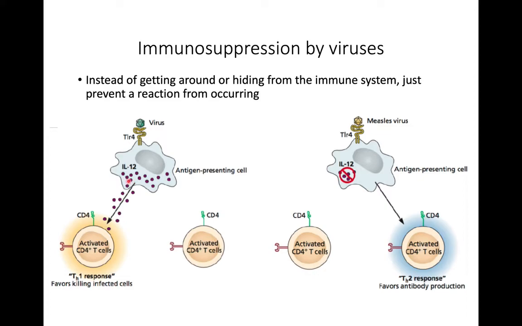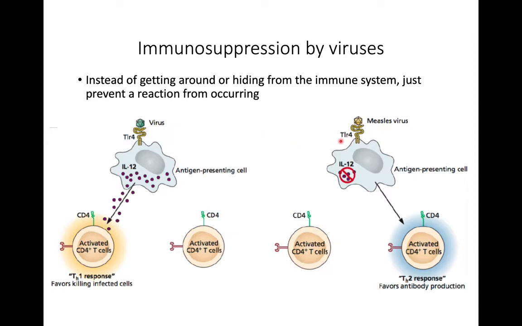When this virus interacts, our cell starts producing IL-12, and this turns on CD4 T cells, and we're generating a Th1 response. So we're generating the response that's going to lead to CD8 T cell activation and the killing of infected cells. This is what we, as a human, want to happen so that we can be nice and healthy, clear out the virus, and recover just fine.